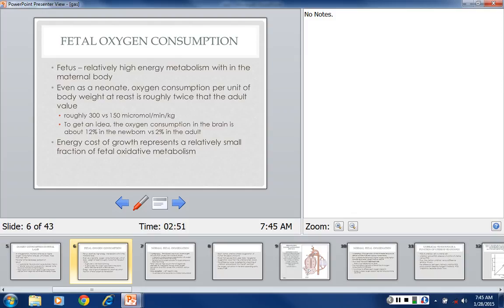But you have roughly 300 in a fetus versus 150 millimicromoles per minute per kilogram. And to get an idea, the oxygen consumption in the brain of a newborn is about 12% of that versus 2% in adult. So basically, we're using our brain much more as a neonate than we are right now. And the energy cost of growth represents actually a relatively small fraction of fetal oxidative metabolism.